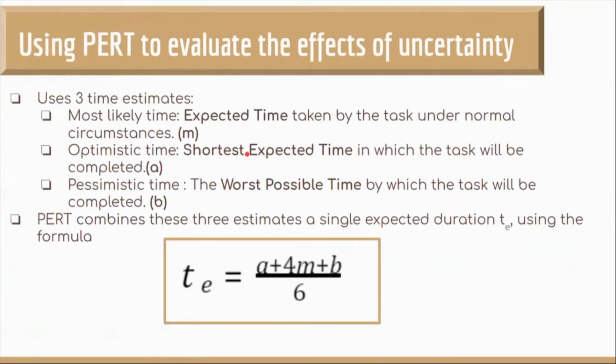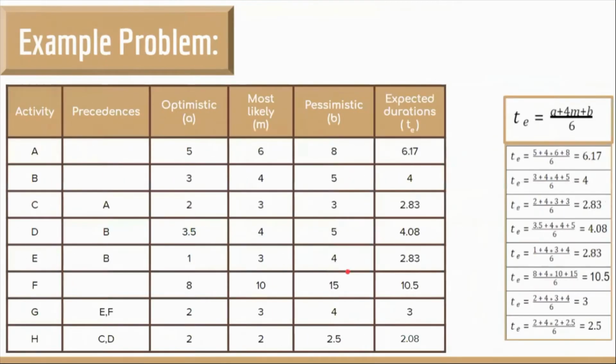We use these three time estimates and come up with something called the expected duration, TE. We find it using the formula TE is equal to A plus 4M plus B, divided by 6. That is the optimistic time plus 4 times the most likely time plus the pessimistic time. So now we calculate the expected duration for each of the activities.